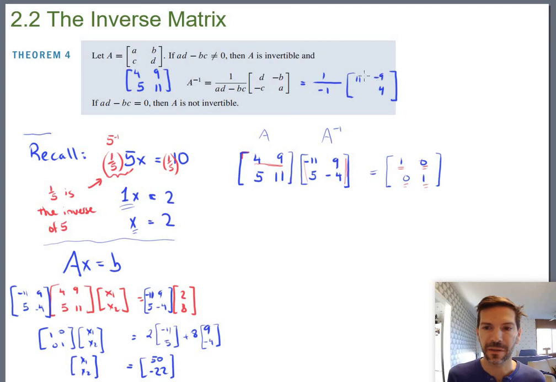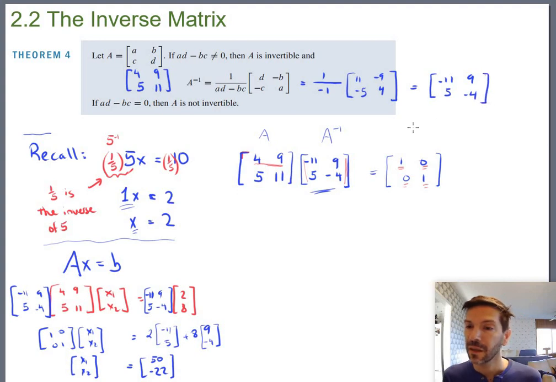So negative 9, negative 5, and of course I simplified that before I wrote it down here because 1 over negative 1 is a scalar multiplication of just negative 1, which multiplies every entry inside here. And there's our inverse for this particular matrix.